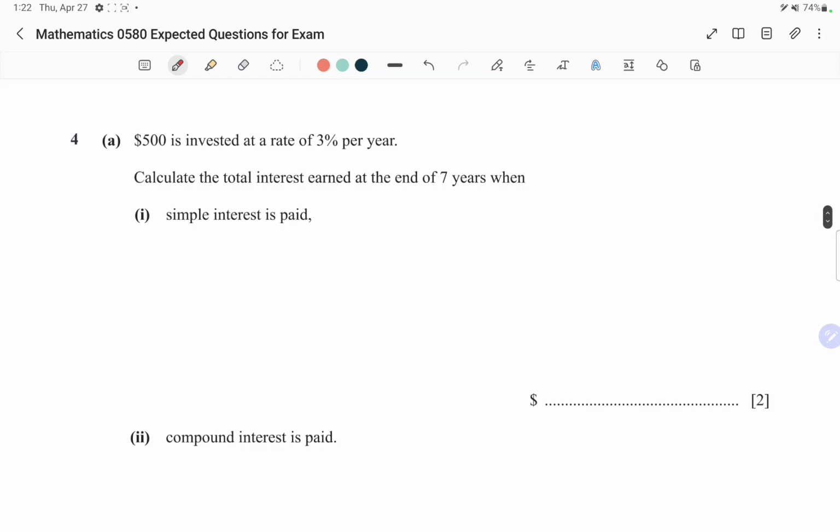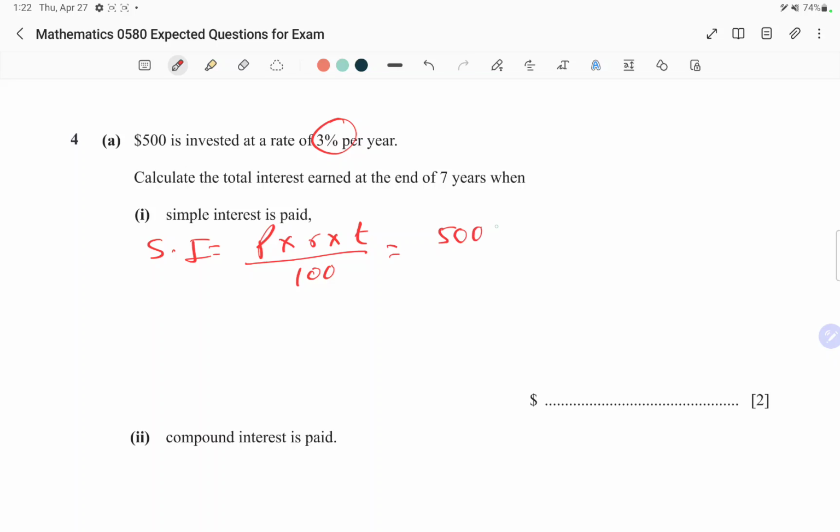Now go to the next question that says $500 is invested at the rate of 3% per year. Calculate the total interest earned at 7 years when it is simple interest paid. So simple interest question is very simple because the formula is principal times rate times time over 100. That's simple interest.